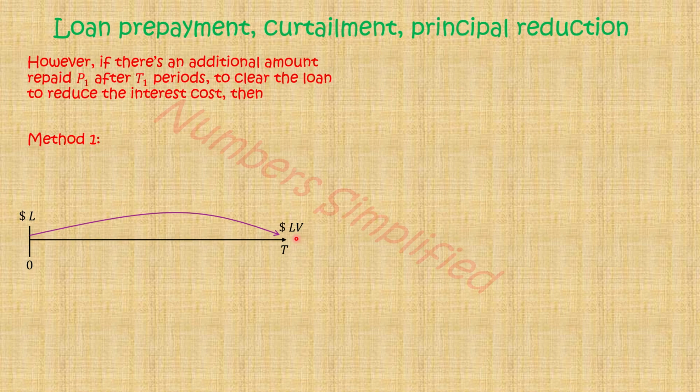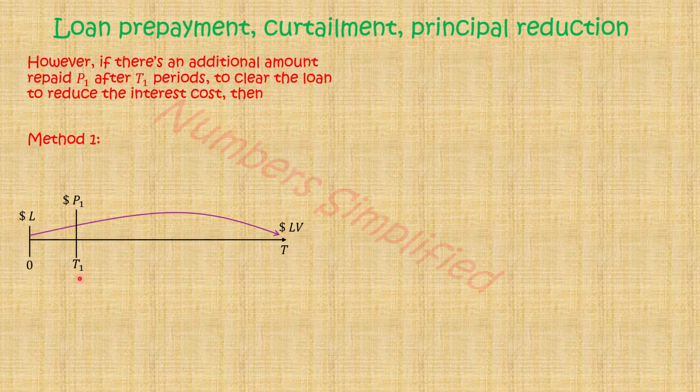So if we make a payment at time T1, rather, I wouldn't want us to look at it as time but as a period, because it could be 3 months, if it is, say, a loan that is compounded monthly. T1 here would be the period in which we decide to pay an additional amount so that we reduce the value of the loan when it is due and incur less interest costs.